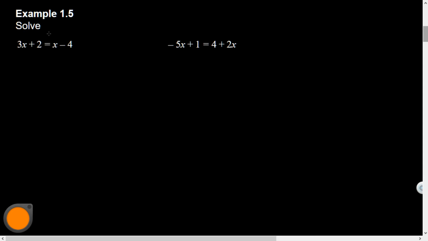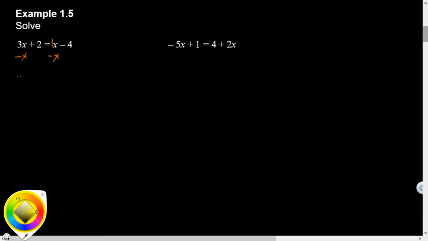Are there variables on both sides? Yes. What terms have variables in them? The 3x and the x. Which is smaller, 3 or 1? 1. To move a positive 1x, I'm going to subtract x from both sides.